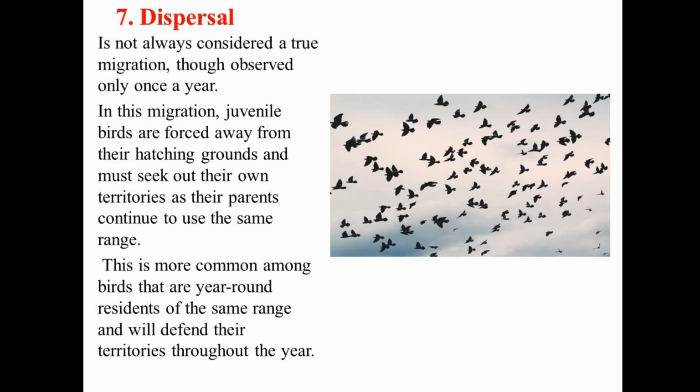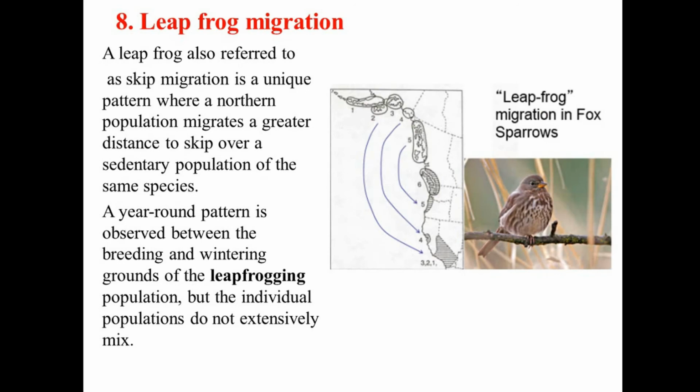Therefore dispersal is essential for getting more food, or for keeping the territories of their parents safe. This is more common among birds that are year-round residents of the same range and will defend their territories throughout the year.